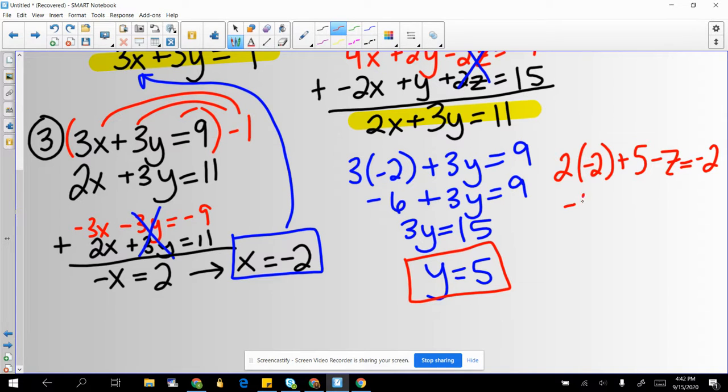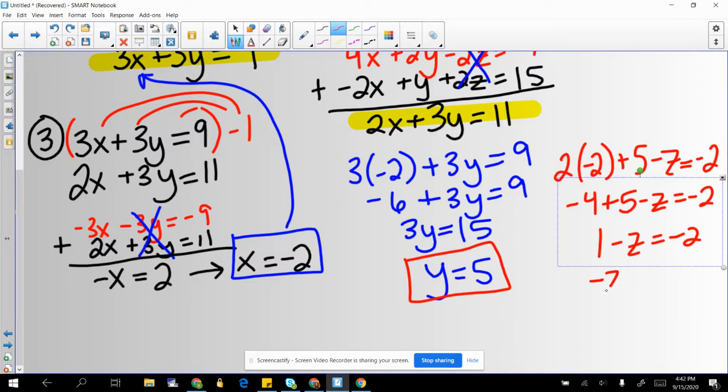So 2 times -2 is -4 plus 5. Okay, -4 plus 5 is 1. And then I'd subtract the 1 over, so -z equals -3. And if I divide both sides by a negative, I get z equals 3.